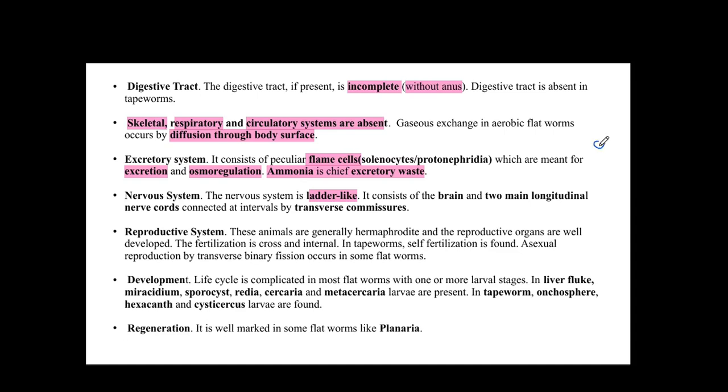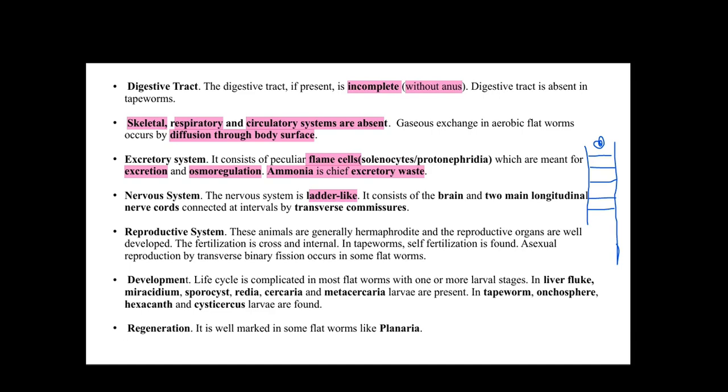Suppose this is a brain, and there are two nerve cords extending from the brain, and these two nerve cords are connected by transverse commissures, like this. If you see this rough diagram, you can conclude that their nervous system resembles the shape of a ladder. That's why it is called a ladder-like nervous system.